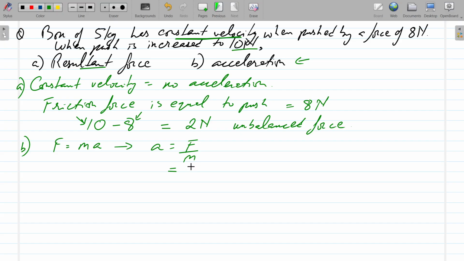So you have 2 divided by 5, which is 0.4 meters per second squared.